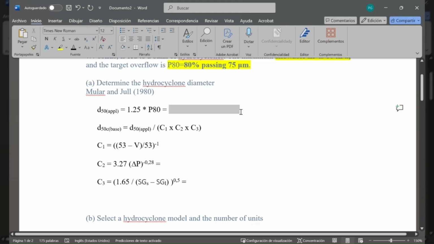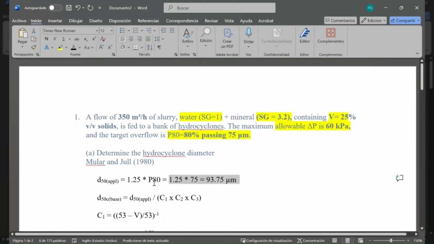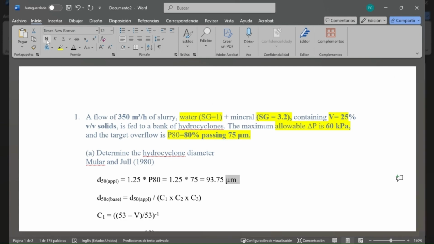To start off, this is going to be 1.25 times 75, which is the P80, or 80% passing 75 microns. When we use this formula, the size that comes out here is in microns.